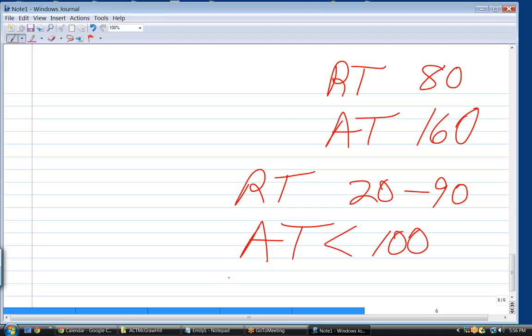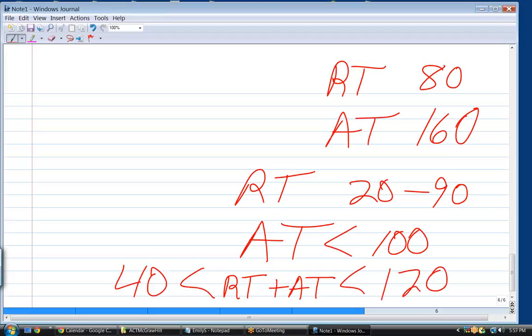The supplier can supply between 40 and 120 trees total. So real trees plus artificial trees have to be greater than 40 and less than 120. Do I have that right? Yep.